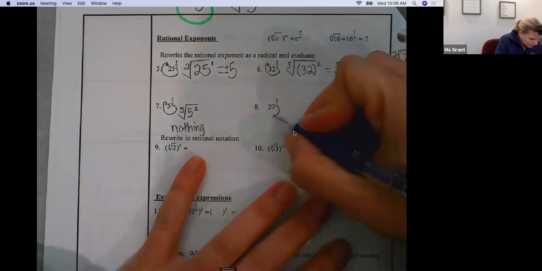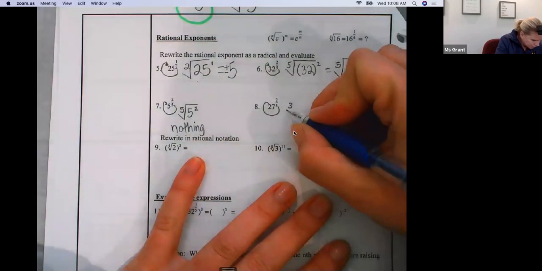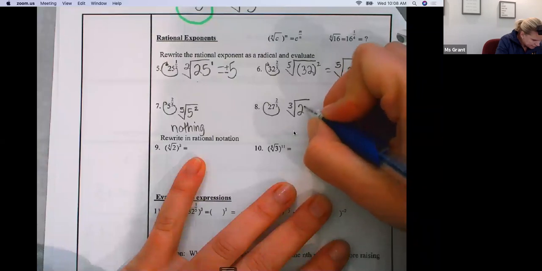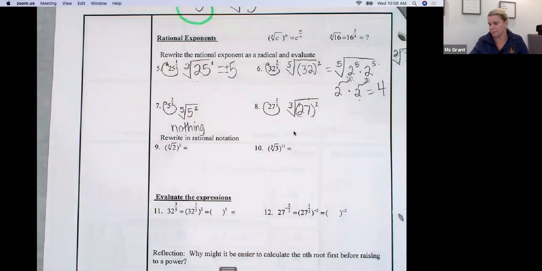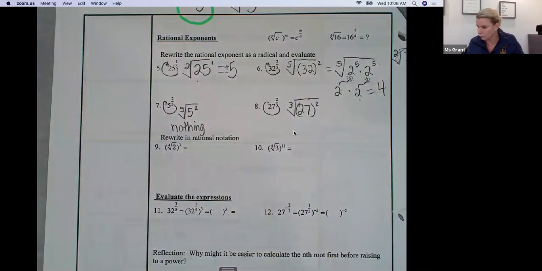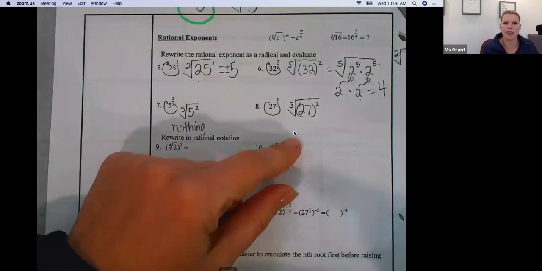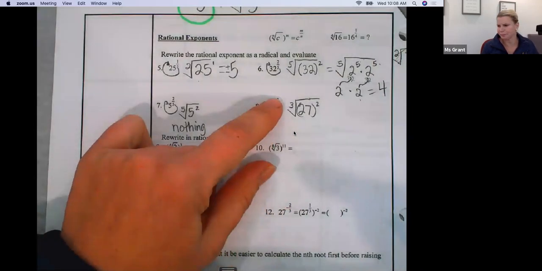The 3 comes to the front. The cubed root of 27 squared. So I'm going to have to write 27 2 times, right? But does 27 have a third power, like a third root? Does 27 have a third root?